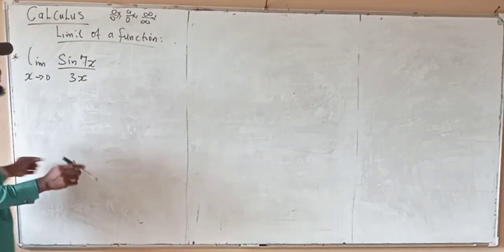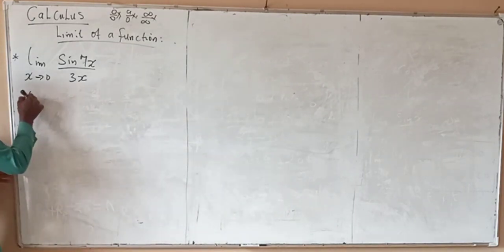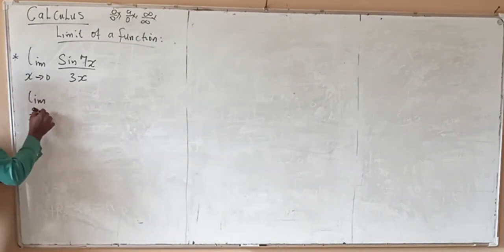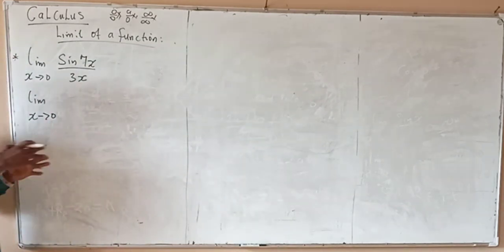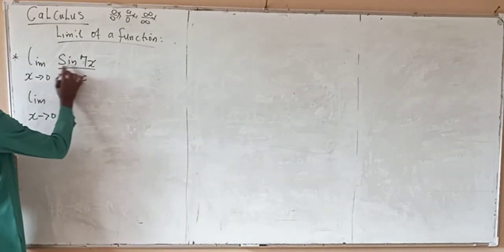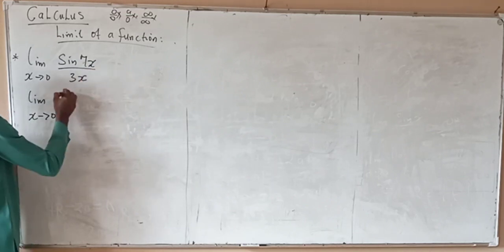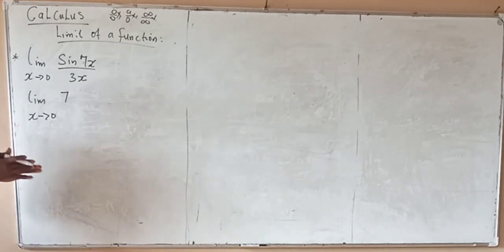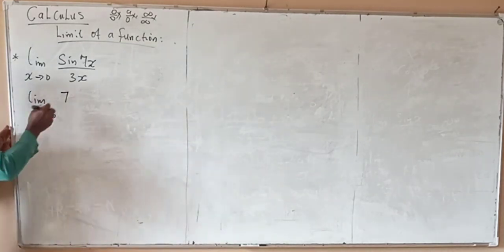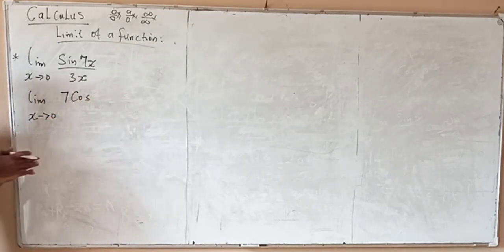Next, you have to differentiate both sides using L'Hôpital's rule. So we are going to have something like this. Differentiate this side, sin 7x. Remember from the trig functions we did, if I want to differentiate sin 7x, first we differentiate the 7x. Differentiating 7x, that becomes 7. Write it down. Then the next thing, differentiate sine, we will have cos.